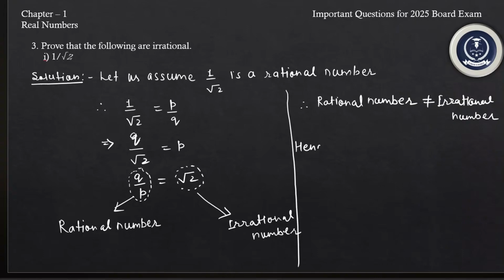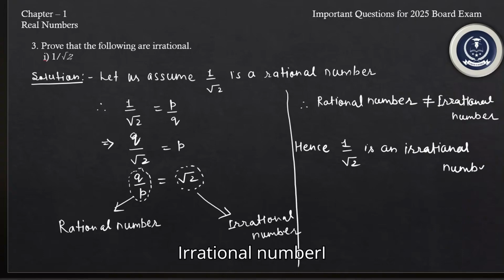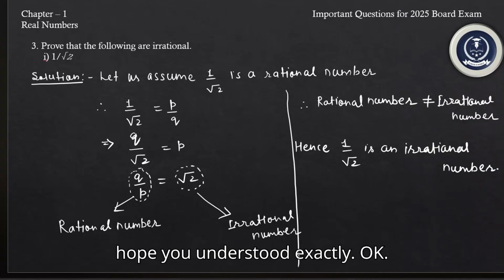Hence, 1 over root 2 would be an irrational number. I hope you understood exactly.